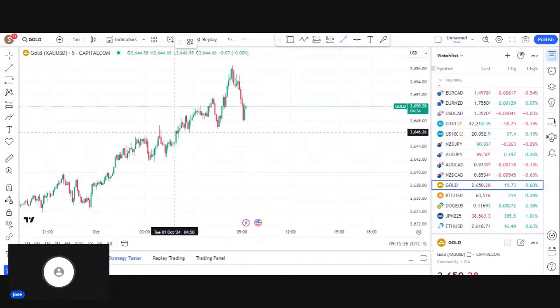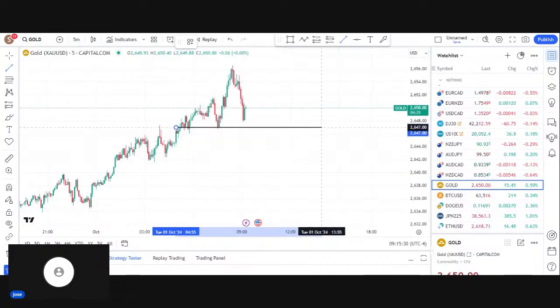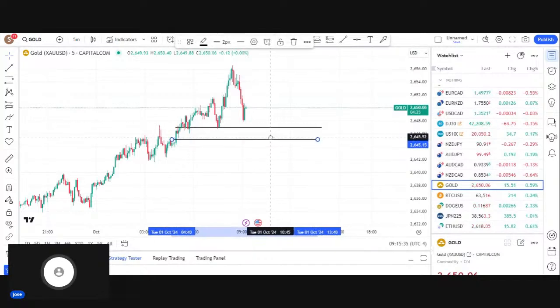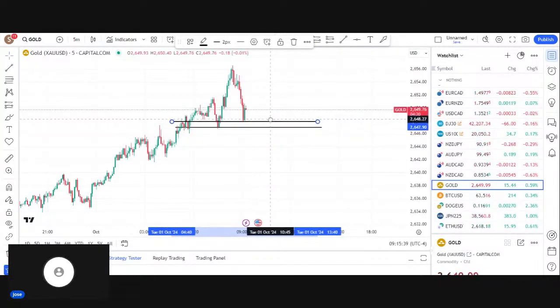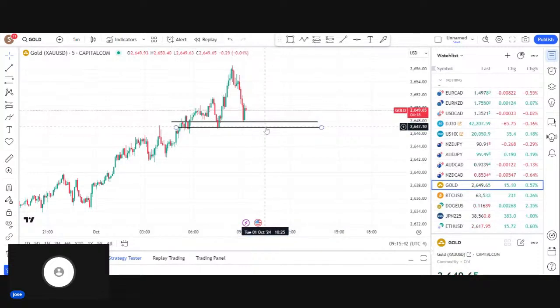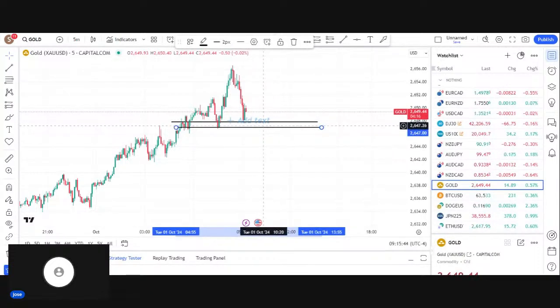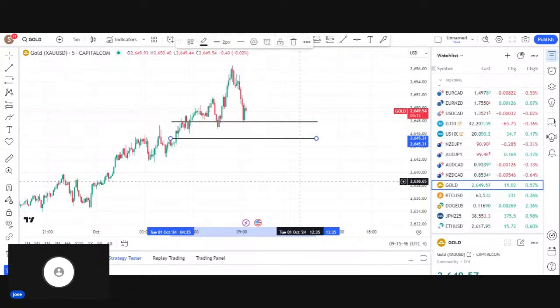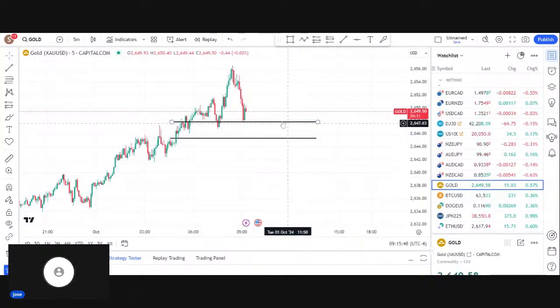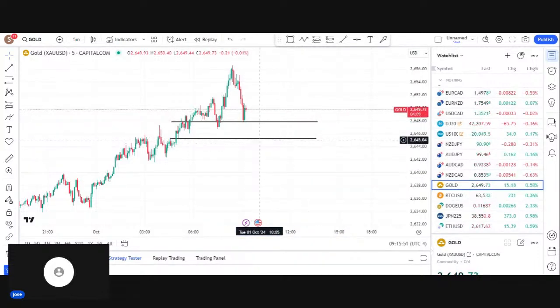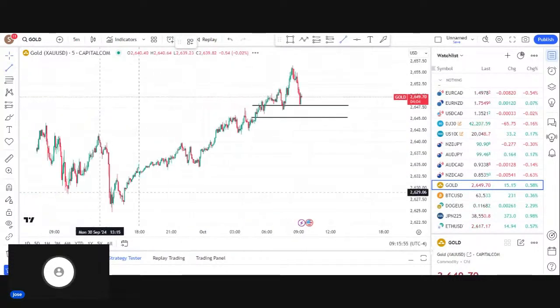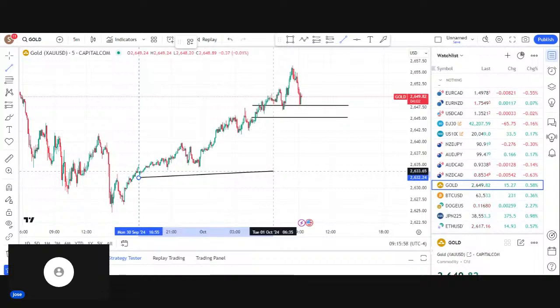What I would do in this situation, I would draw a level here. First of all, we have this whole area. In fact, this whole area here is a level, but now it extends up to this pin here. If price breaks below and closes below this level, then we have a big range back to the low of the day that we can cover.